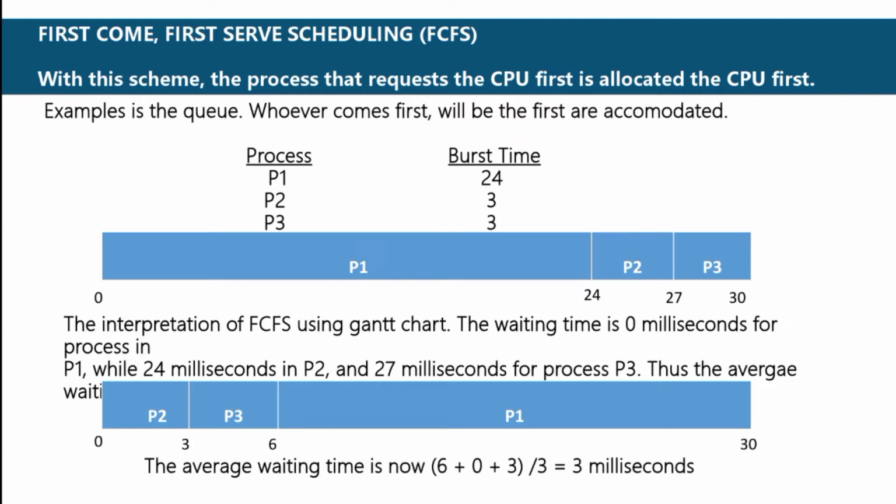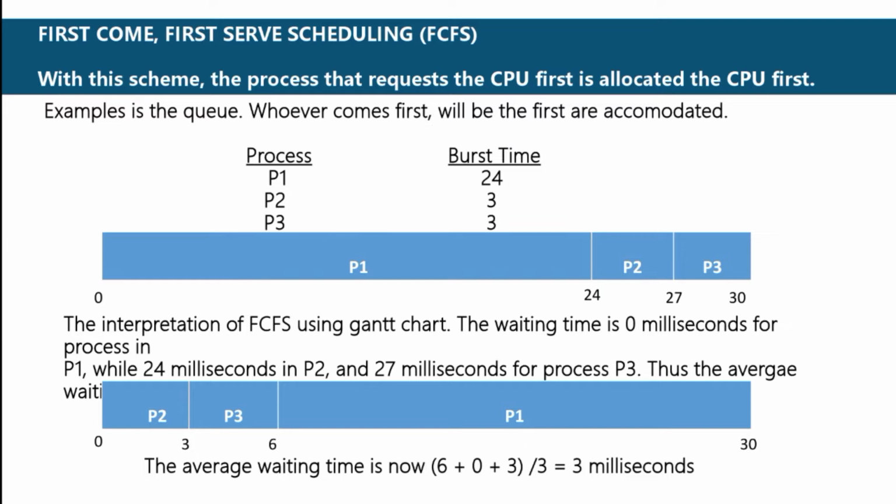So we can compare FCFS to a queue: this is how a queue is used in executing a program, and whoever comes first will be the first to be accommodated.